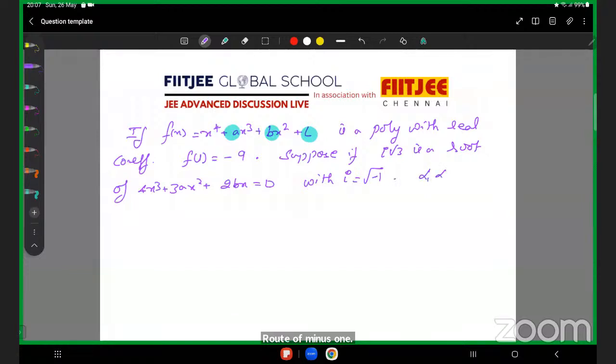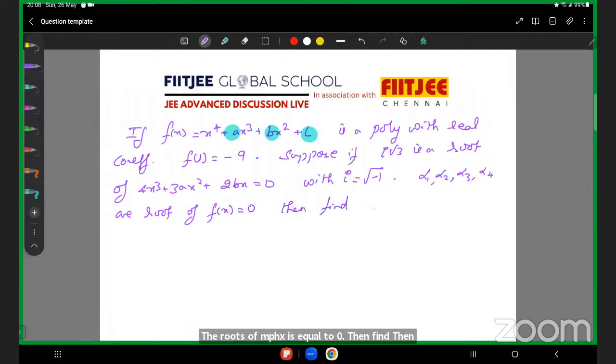And alpha 1, alpha 2, alpha 3 and alpha 4 are roots of f of x equal to 0. Then find modulus of alpha 1 squared plus modulus of alpha 2 squared plus modulus of alpha 3 squared plus modulus of alpha 4 squared. It's again a simple problem in polynomials, right?